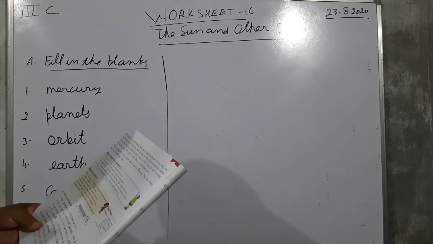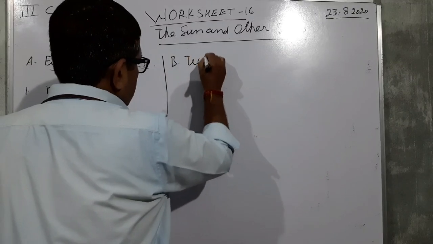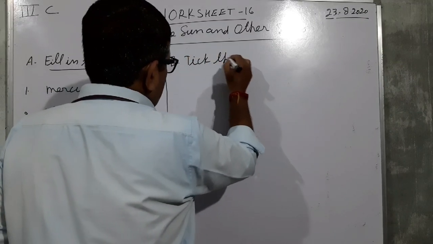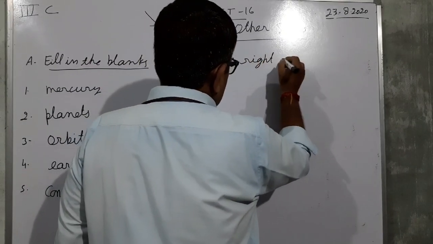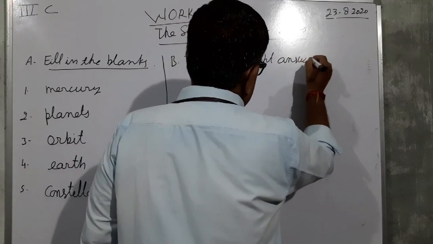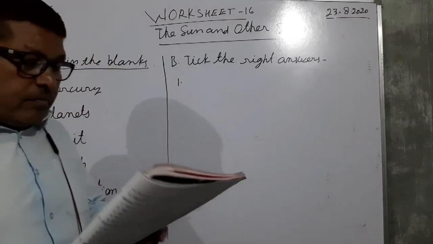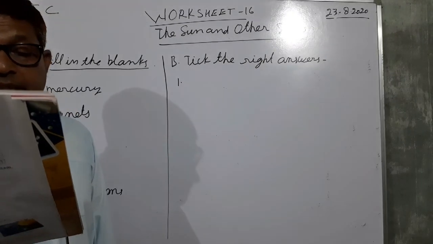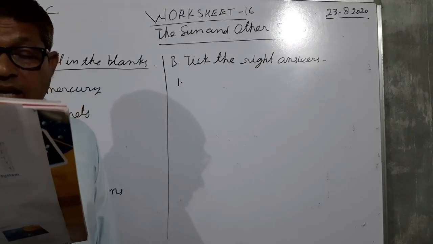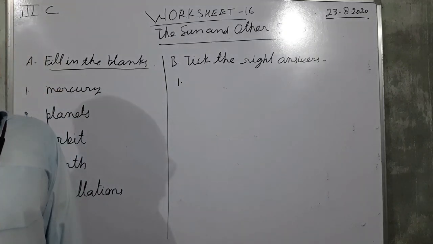Now you see, tick the right answer. B, you see. Tick the right answers. Now see the first. The sun is in the center or corner of the solar system.